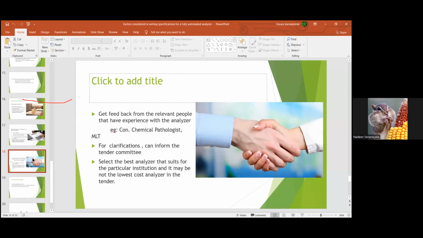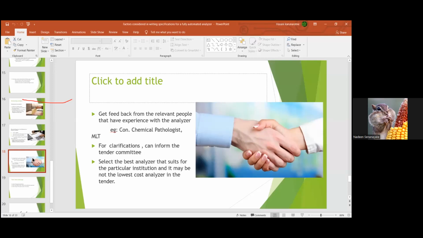And there is a pre-bid meeting. That means before we analyze the details that they have given, there are pre-bid meetings.